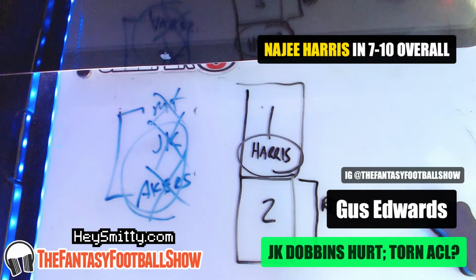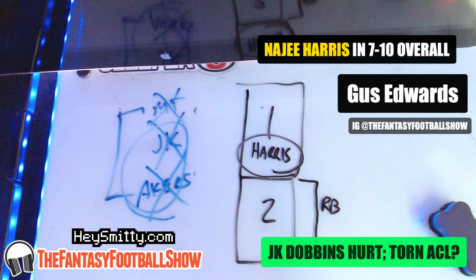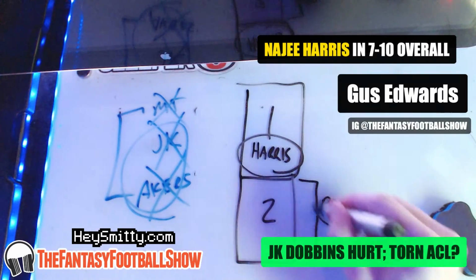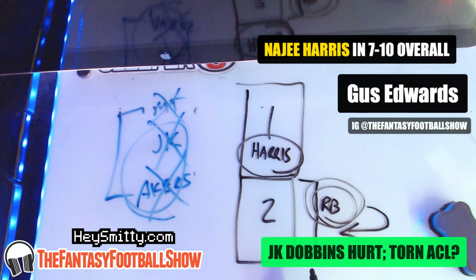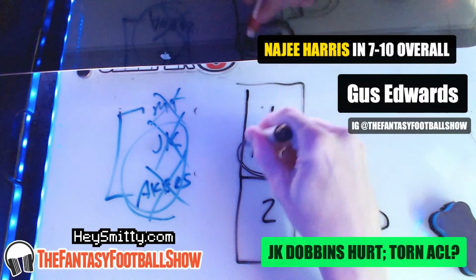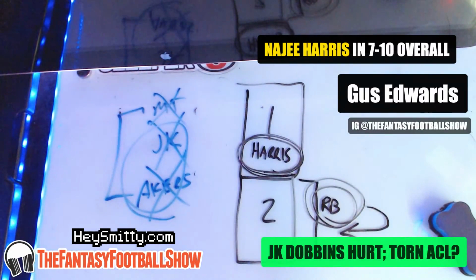Everybody's reaction to this news, everyone's going to overreact to running back in round 2. And if you're not prepared, you're going to be left behind. Najee Harris, before this injury today, I was talking to several people. One was media. I don't know if media is in here right now.